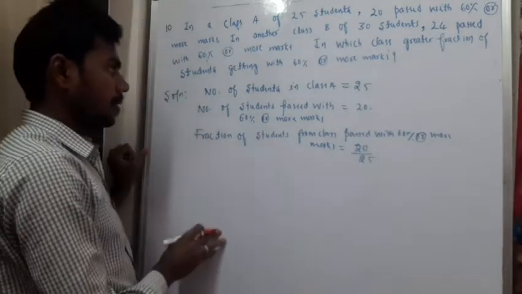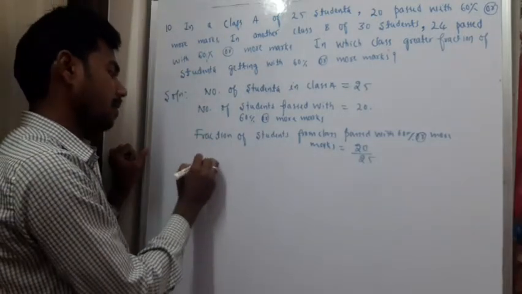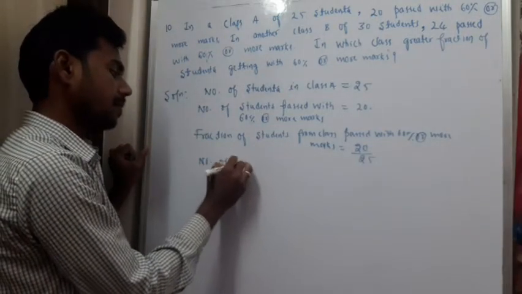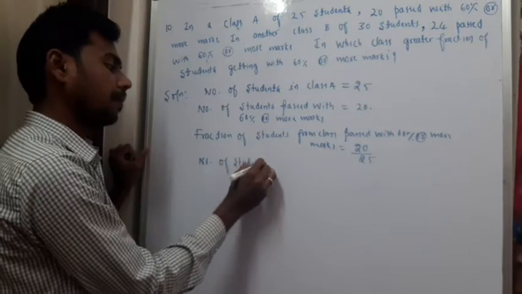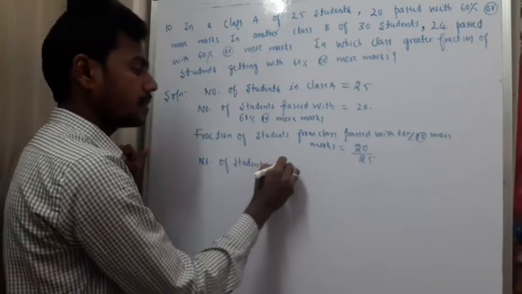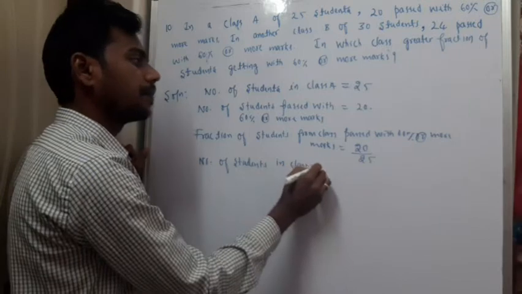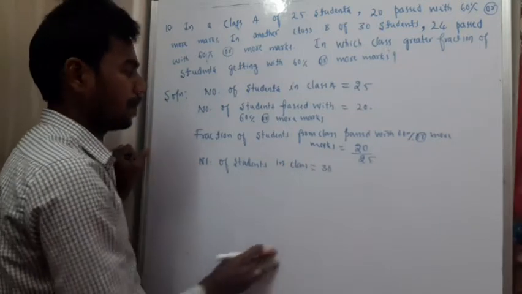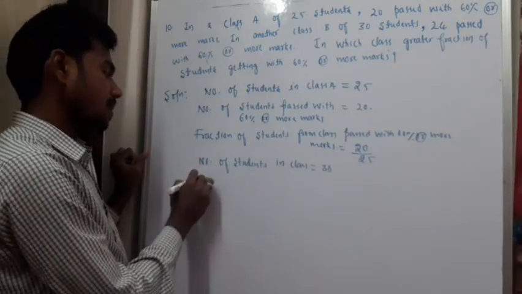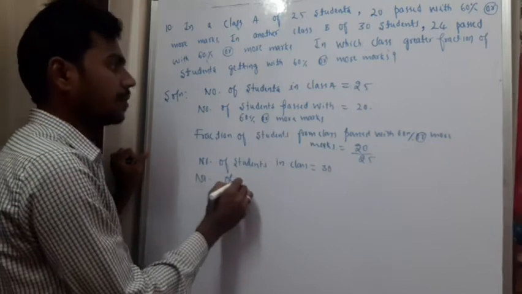Fine. So similarly, same thing we need to repeat. Number of students in class B is equal to 30.